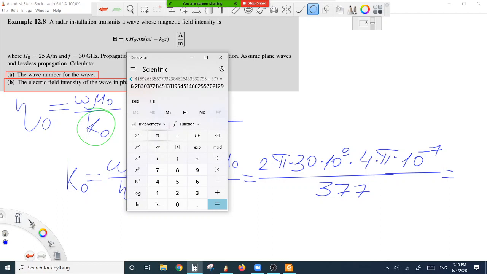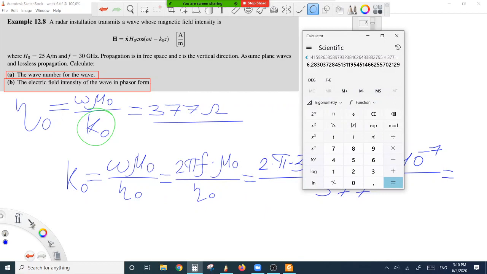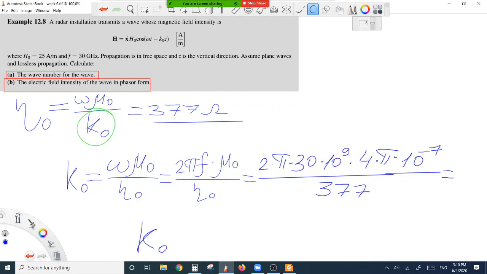Okay, we have 6.28 times 10 to the power of 2, or 628.3. So the wave number K0 in our case for this wave is 628.3 radians per meter.